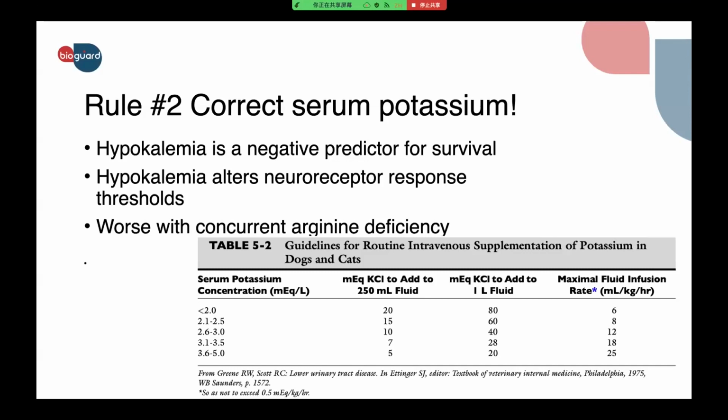I know in some hospitals or some cases, it's not easy to check the potassium level every time.